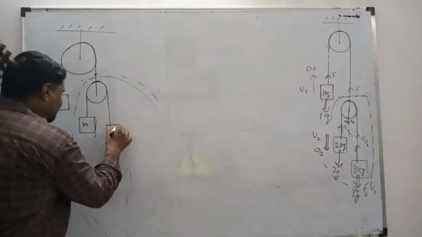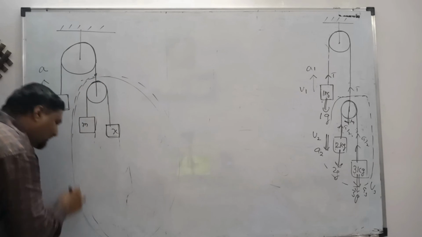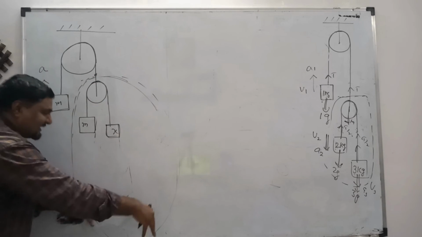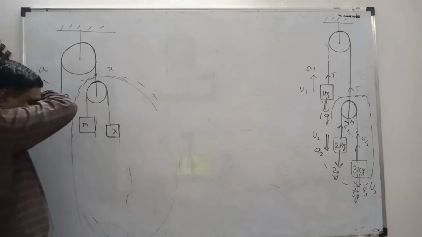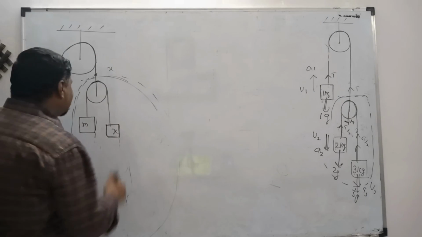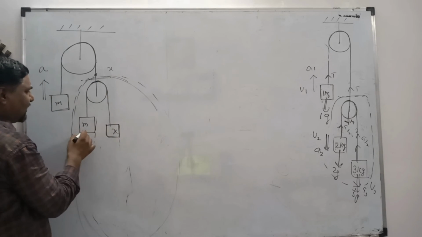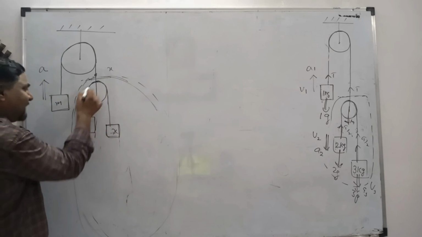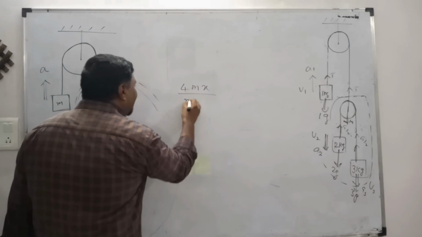I need to find this x, and luckily, the equivalent mass below this point also should be x. We have already discussed that if there are 2 blocks like this, the equivalent mass of this system is 4m1m2 by m1 plus m2, so here 4mx by m plus x.